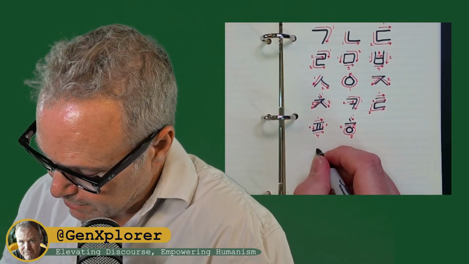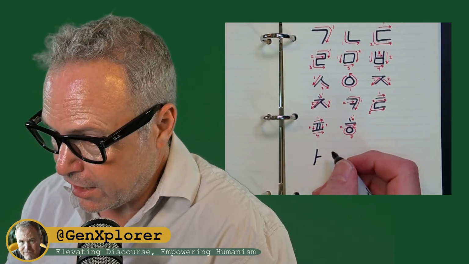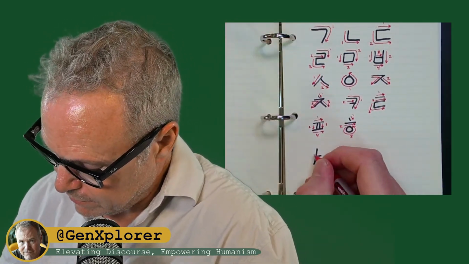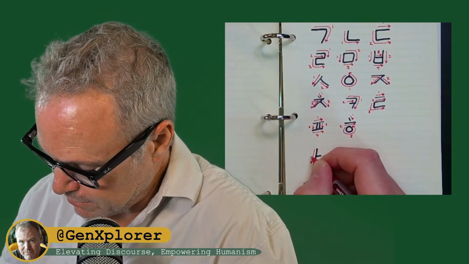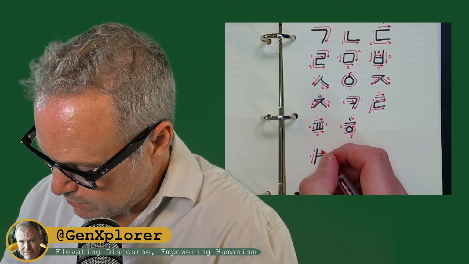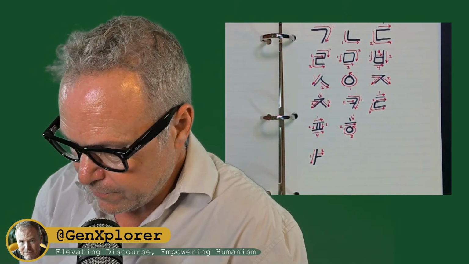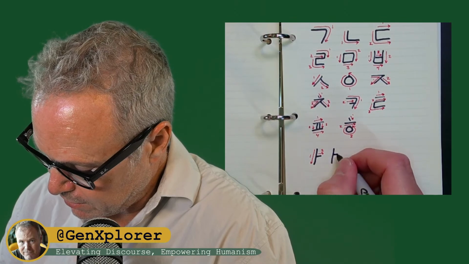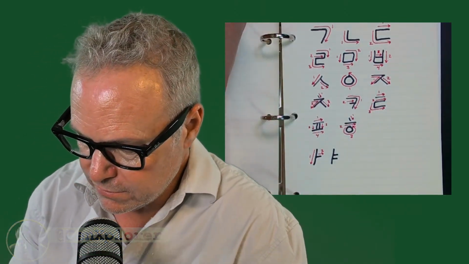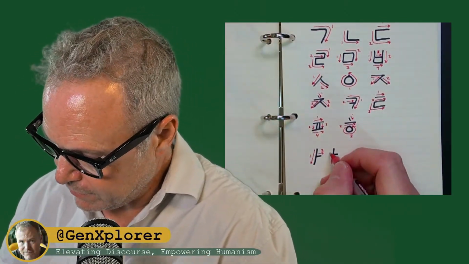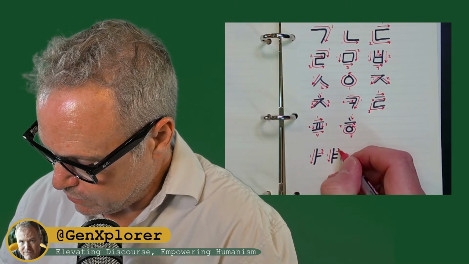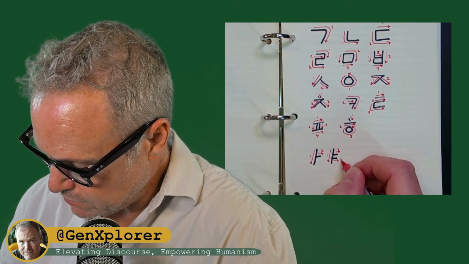Now we've got the vowels. Ya. Hana, dul, set.